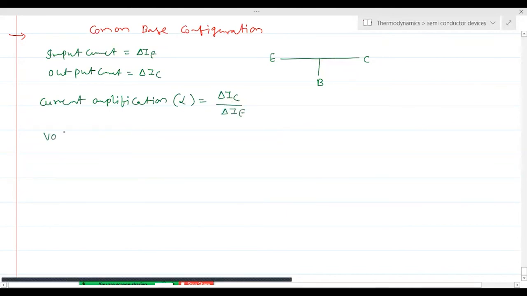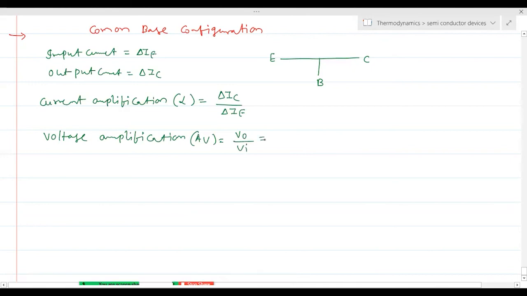Next we are taking voltage amplification. Voltage amplification means AV, so that is V output by V input. V output, by taking these values, we are going to get alpha into RL by RL.